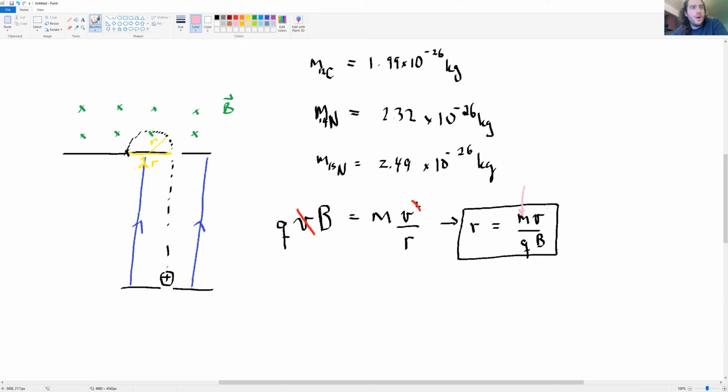Okay, so just to recap what we're being asked here, it wants to know the separation of the isotopes at the detector between nitrogen 14 and nitrogen 15. So that means we want to look at both of those radii and compare them.